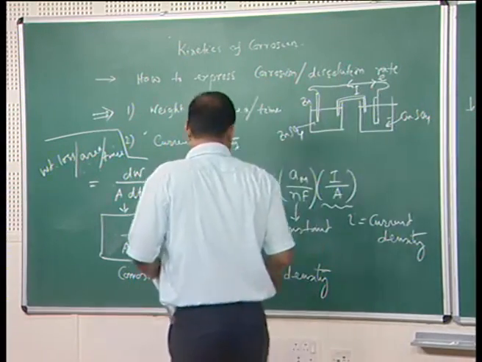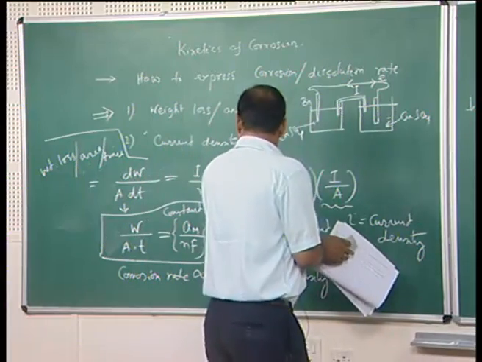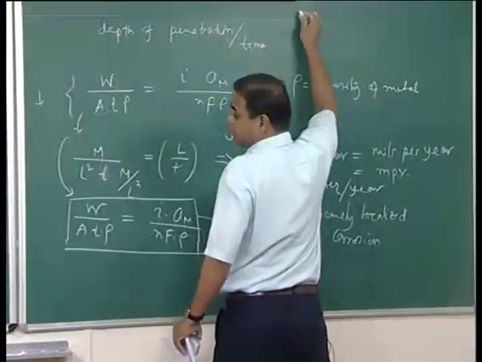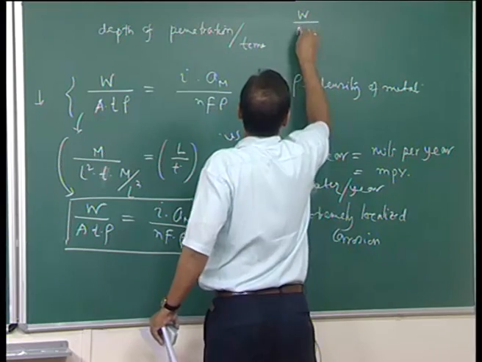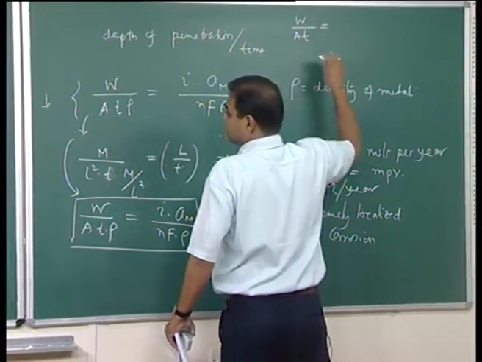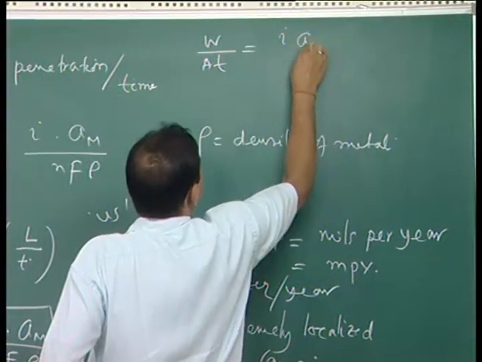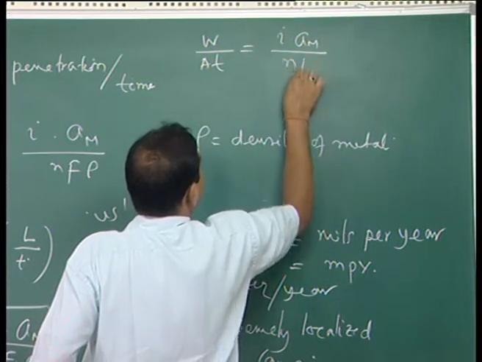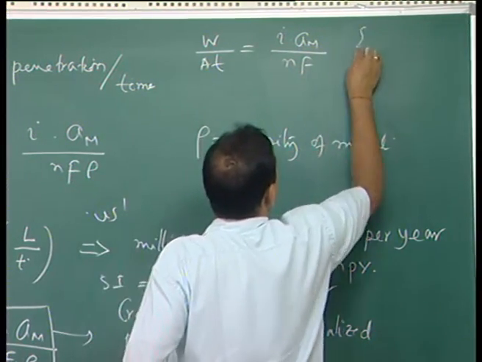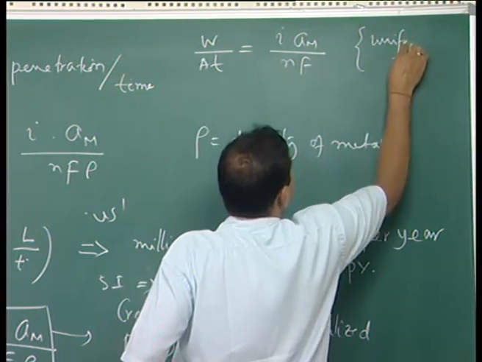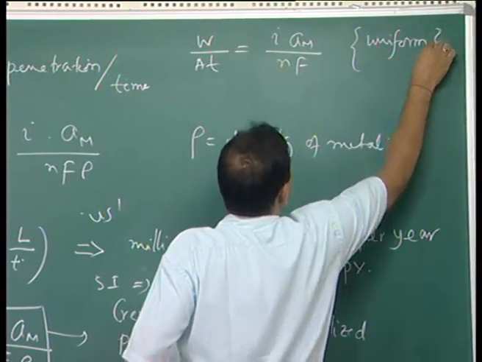Now, let me write these two expressions on the right side corner. One is W by A T equal to I A M by NF. This is for uniform corrosion.